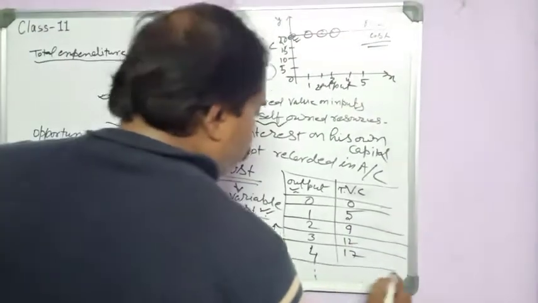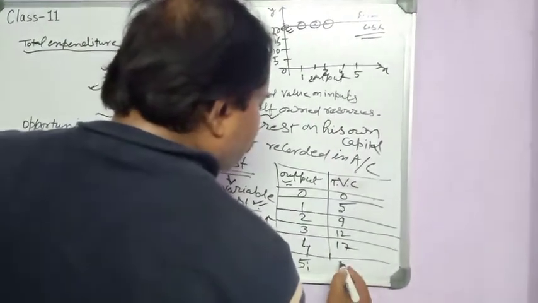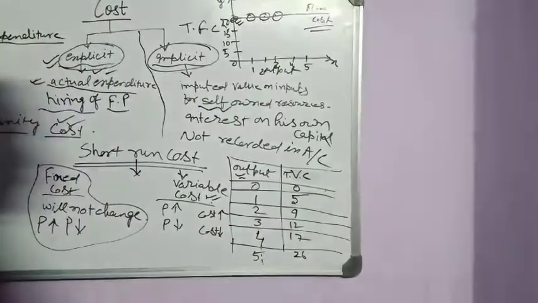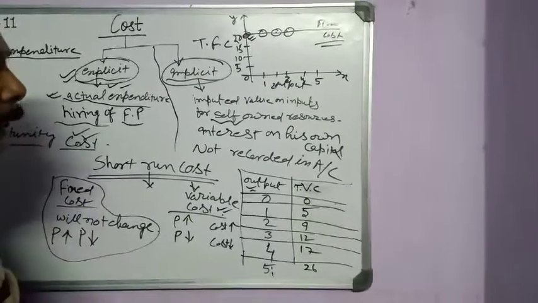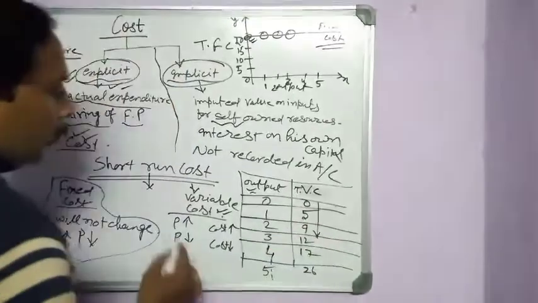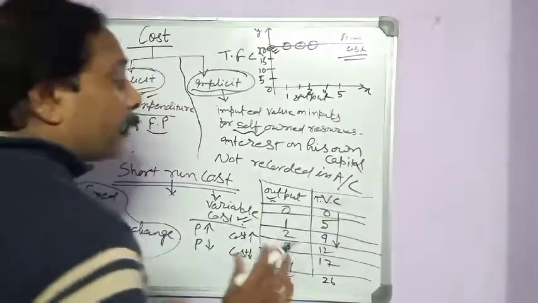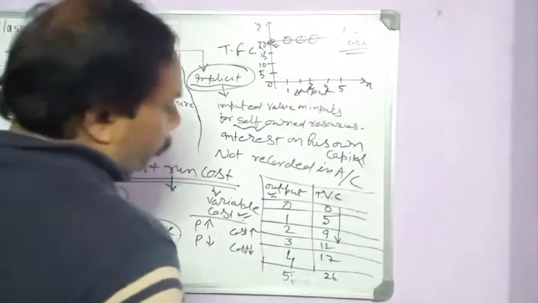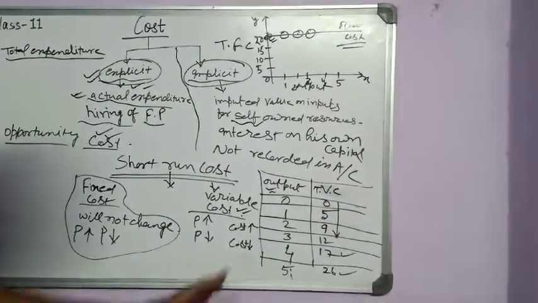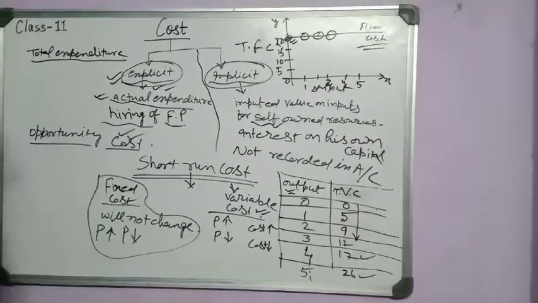When we produce the fifth unit, suppose it has become 26 rupees. Clear? So what do you find here? You find that to some extent, no doubt, the production is increasing and cost is also increasing, but it increases at a very slow rate. But on reaching a point, it again starts to rise at a faster rate. Is it clear? So the shape of the total variable cost will be something different.